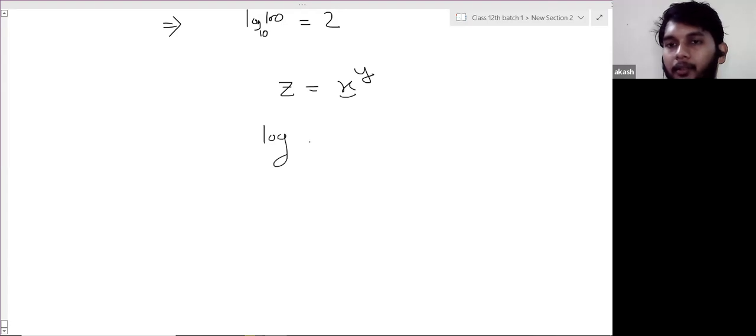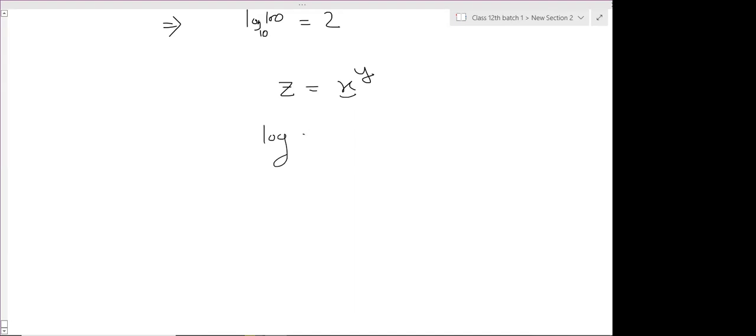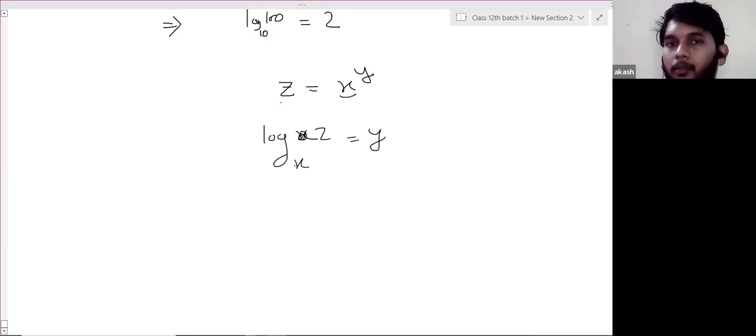What I can write in log? Log Z to the base X is equal to Y. Absolutely right.